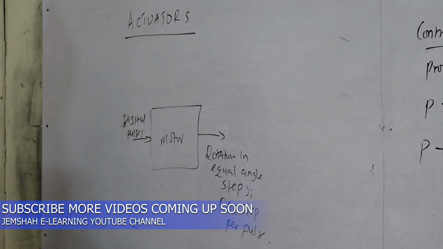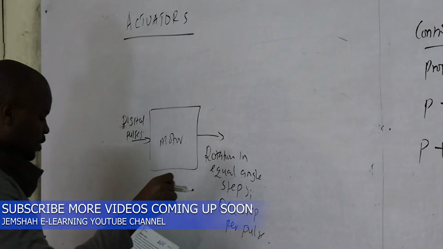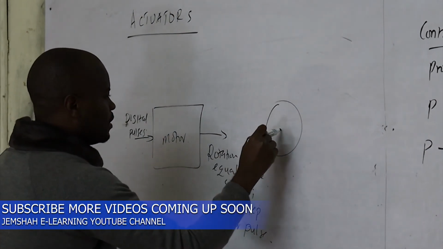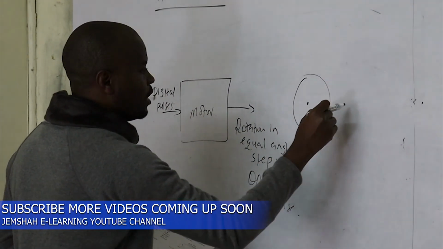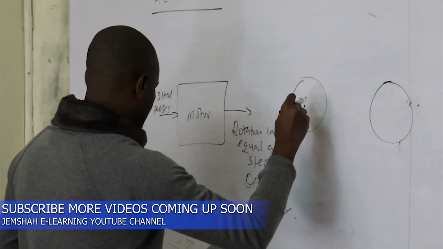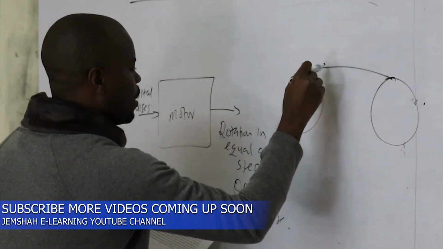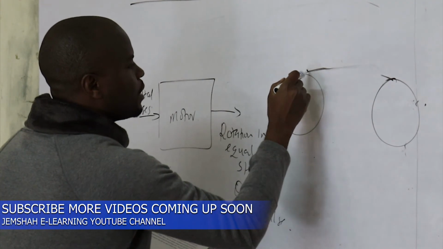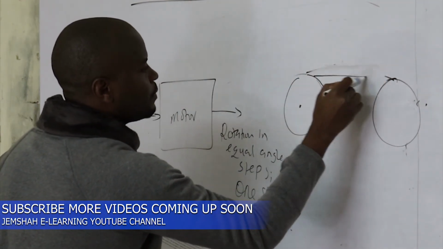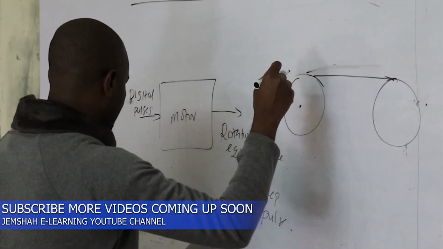This can also occur in linear positioning. Maybe you can have a pulley wheel here, and then you have your object placed here for linear movement or linear positioning.